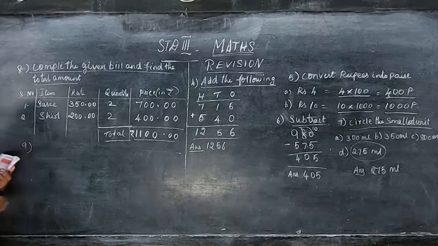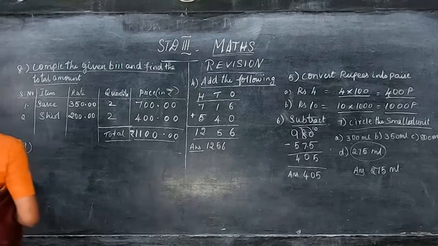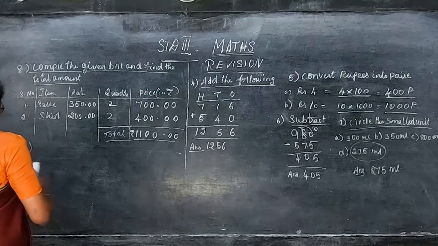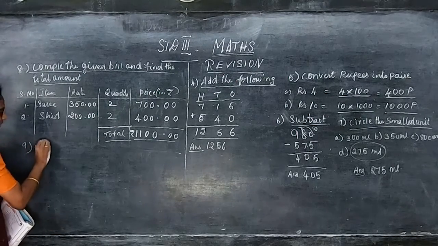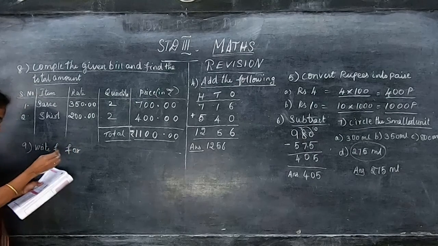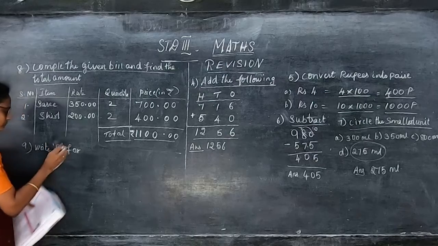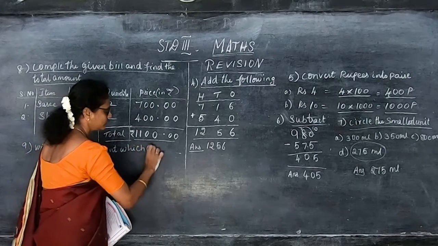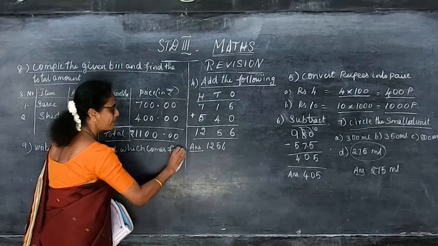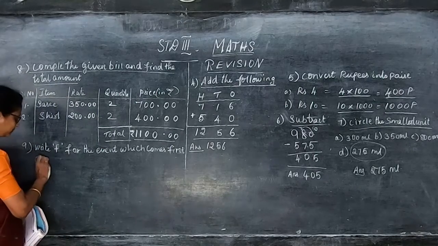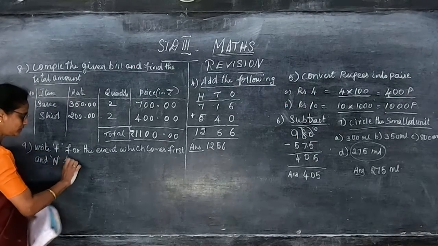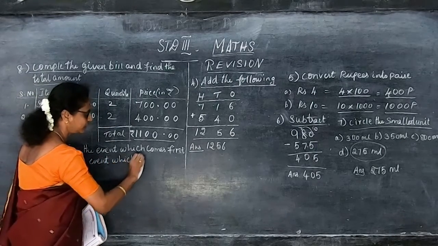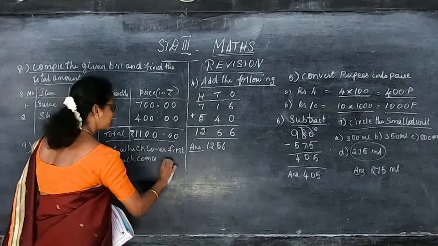Then ninth one, write F for the event which comes first, and N for the event which comes next.